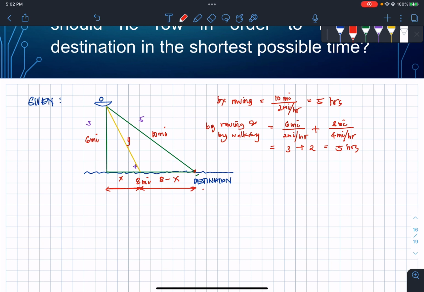So the time required here is actually the time to row plus the time to walk, and then we minimize the time.